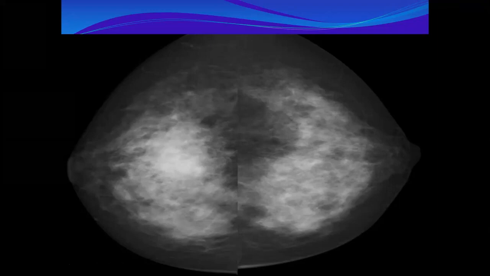In the CC view, the upper half is lateral, and the lower half is medial. At the level of the nipple, it is central. And here, this is anterior, middle, and posterior. So the asymmetry is where? Anterior, middle, or posterior?